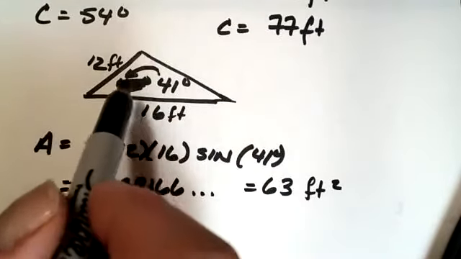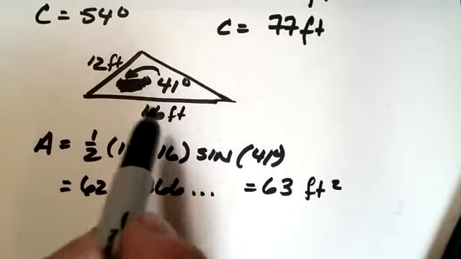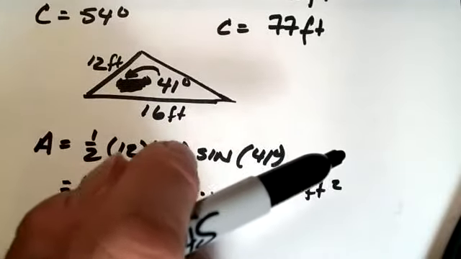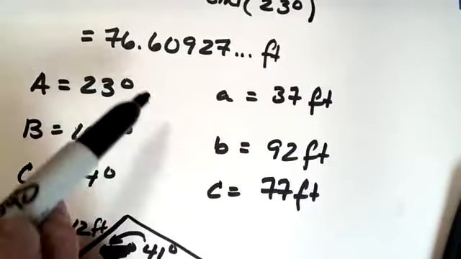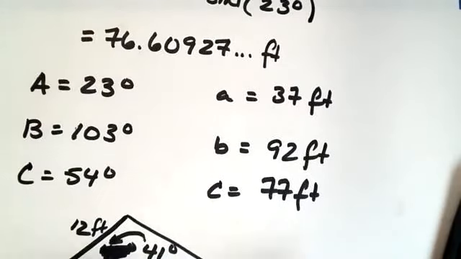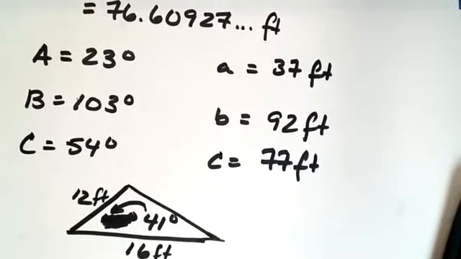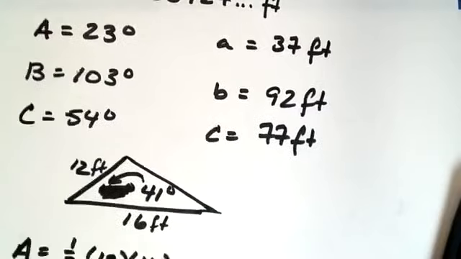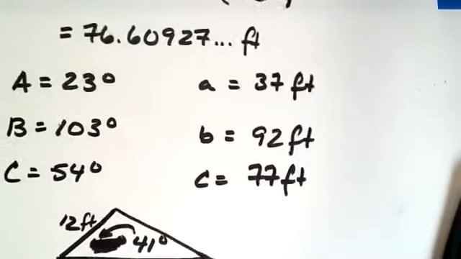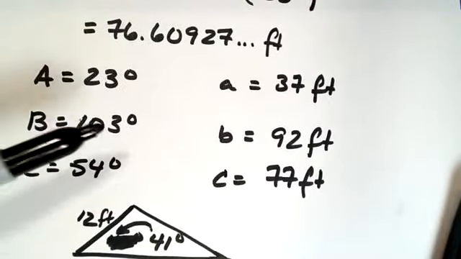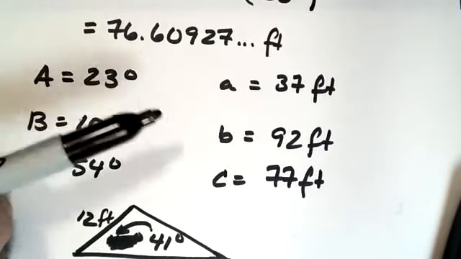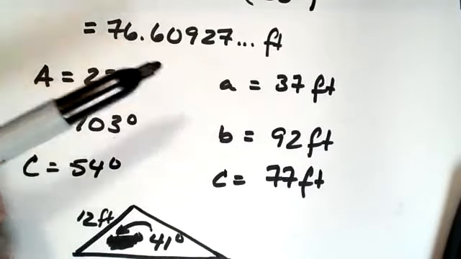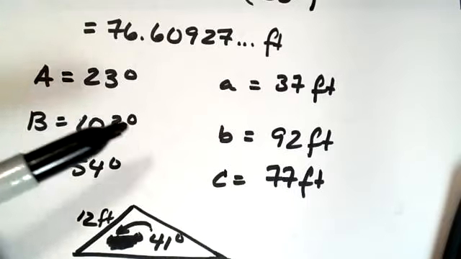So that would be kind of an interesting deal if this was the setup we had. Now, what if we didn't have the side angle side? What if we had something else? Well, we could look back at one of these triangles that we just did, any one of these. Here's the problem with that. If you use these values, you would need some combination of angle, angle, side, angle.